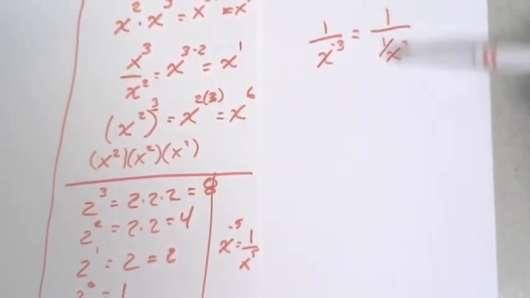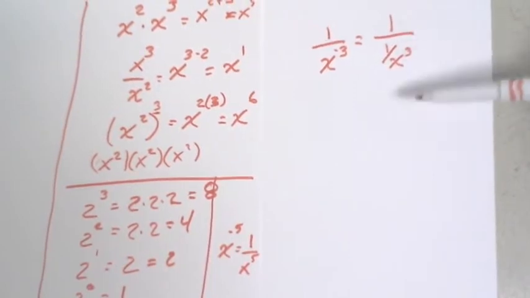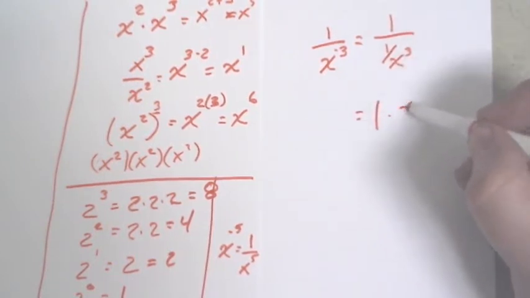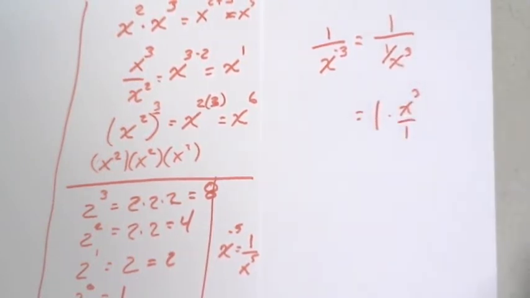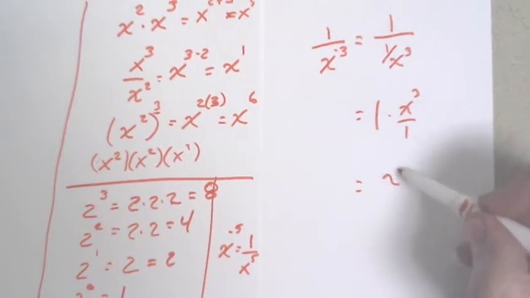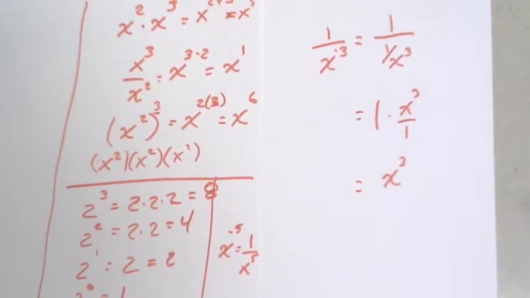But then we have this complex fraction, this fraction inside our fraction, and nobody likes that. But we know how to divide by fractions. We multiply by the reciprocal. So 1 times the reciprocal of this, x to the 3rd over 1, would just be x to the 3rd.